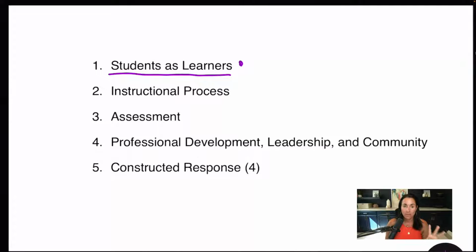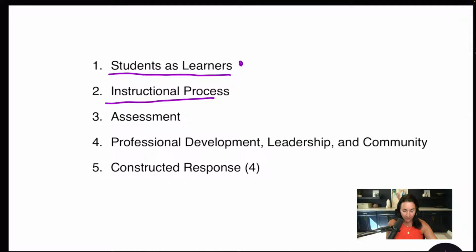We need to be creating a positive environment for our students. And the research shows that positive behavior interventions and supports does work. When we focus on the positive behaviors and praise positive behaviors, rather than focusing on the negative, it actually does work. I know it's hard to do, but it does work, okay? So students as learners, content category 1.